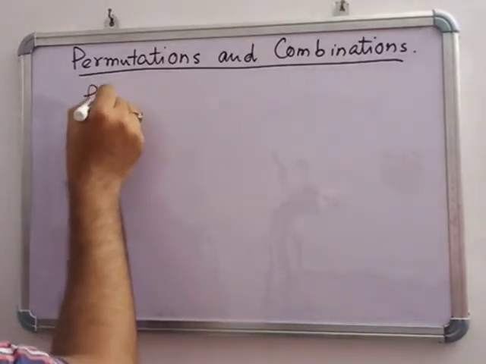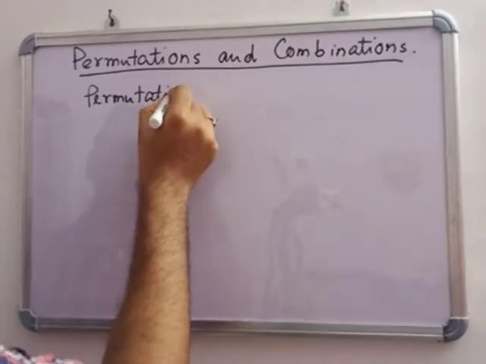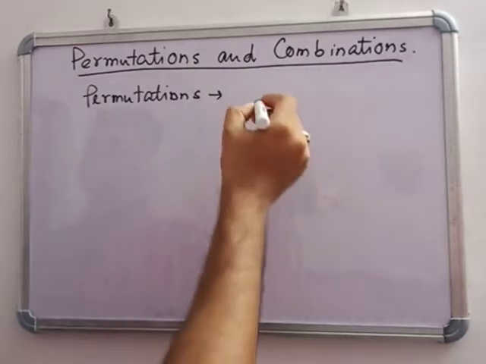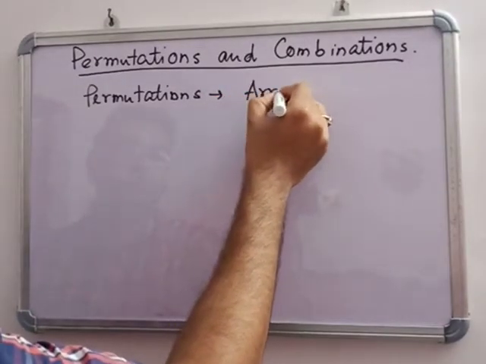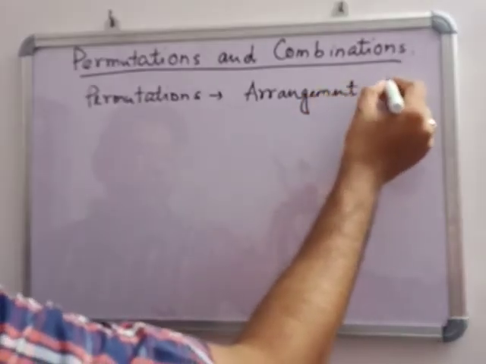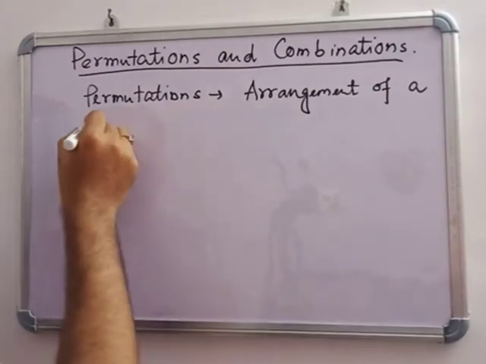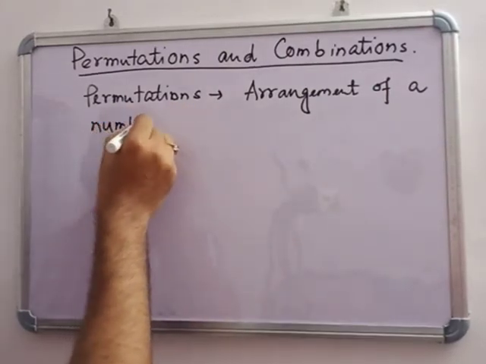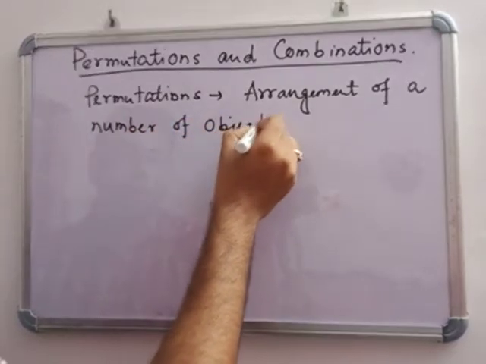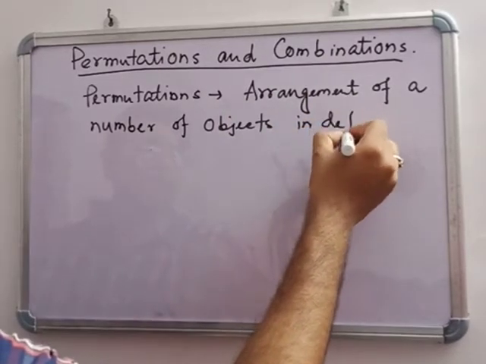So what is a permutation? Permutation means arrangement of a number of objects in definite order.